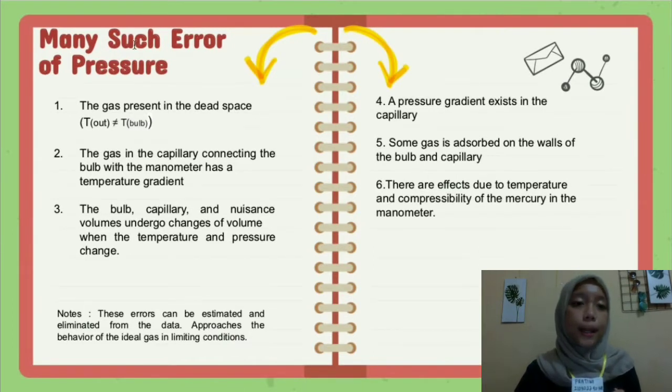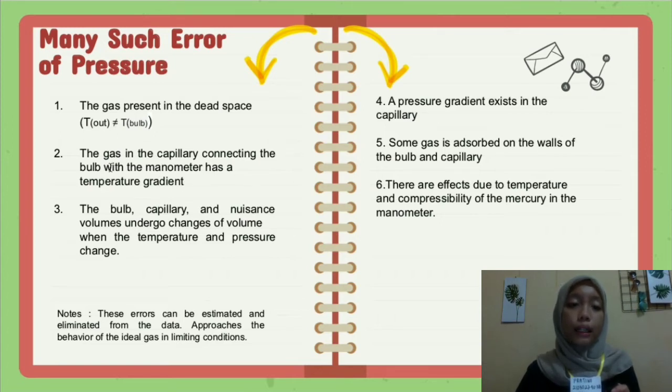And there are several errors of the pressure when the thermometer is measured in these two conditions. The first, the gas present in the dead space, or we can write that the temperature outside is not equal to the temperature in the bulb. And second, the gas in the capillary connecting the bulb with the manometer has a temperature gradient.